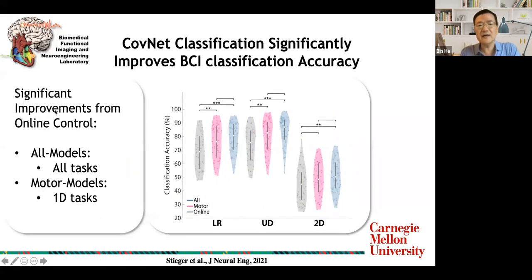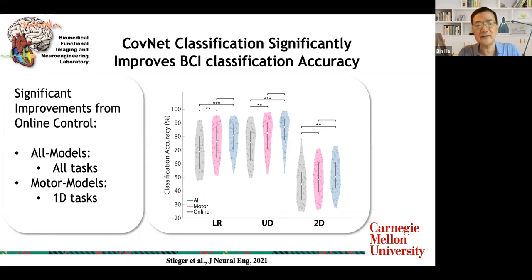Another result we have learned is from looking at the difference between left-right control, up-down control, and 2D control. Once again, the gray color shows the online result, the pink color shows the 10 motor cortex covering electrodes, and the blue color illustrates the entire cortex coverage.